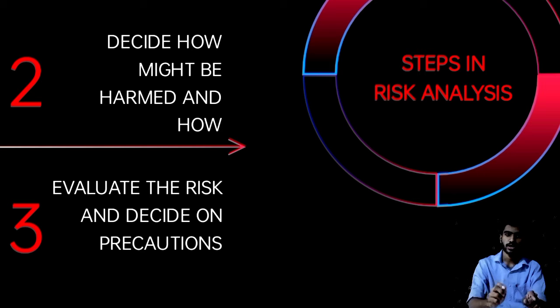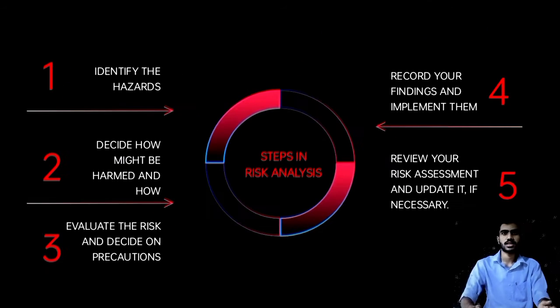We can also look into redesigning the job, replacing the material or machinery or processes, organizing your work to reduce exposure to the materials, machinery or process, identifying and implementing practical measures needed to work safely, and providing personal protective equipment and making sure workers wear it. So, it is an example for the third step in risk analysis.